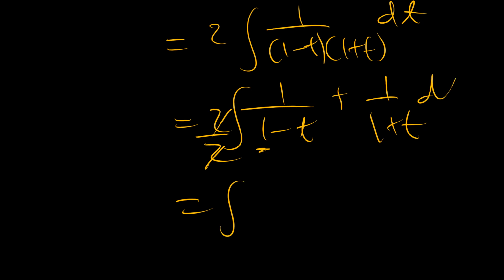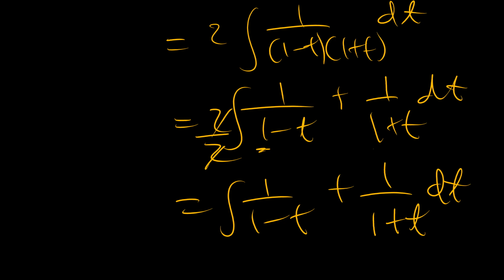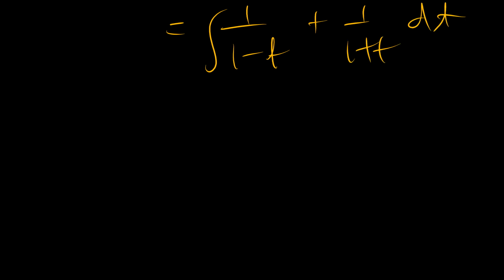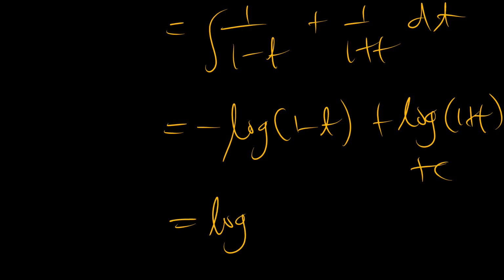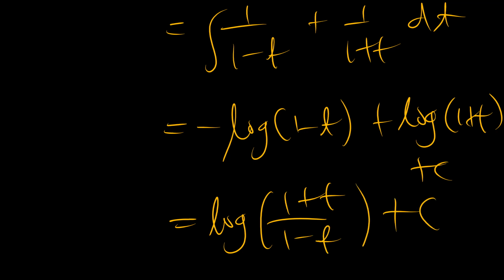So we have the integral of 1 over 1 minus t plus 1 over 1 plus t dt, which means we have negative natural logarithm of 1 minus t plus natural logarithm of 1 plus t plus c, which comes to log of 1 plus t over 1 minus t plus c.